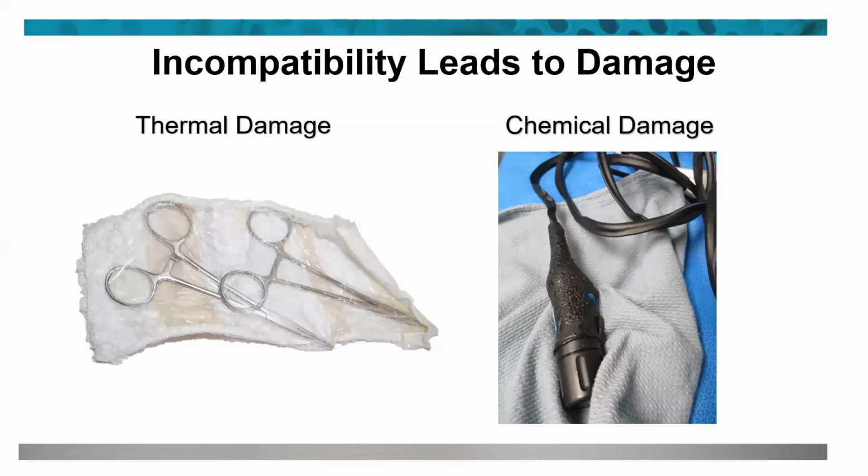So if we use the wrong kind of sterilization, you can see that we can either get thermal damage from the heat or we can get chemical damage from the sterilant. Each kind of packaging or each instrument does have an IFU to it, and we really should look at the manufacturer's IFU to see what it says to sterilize it with.